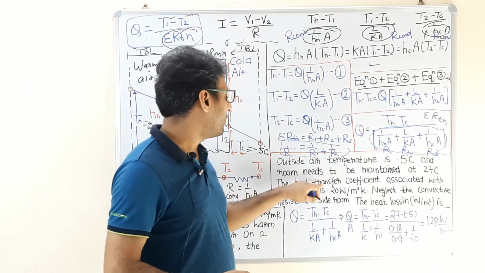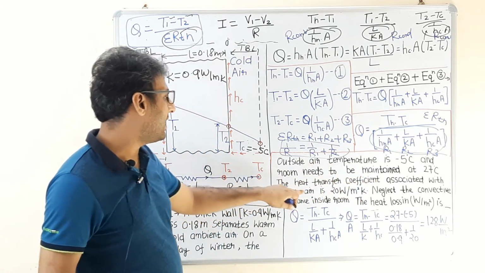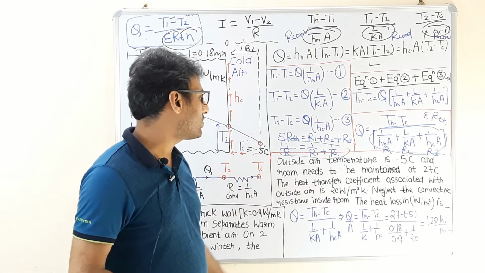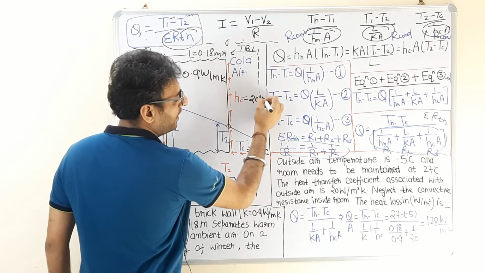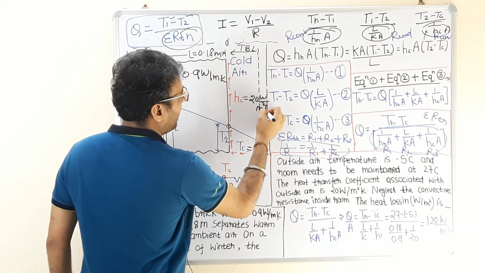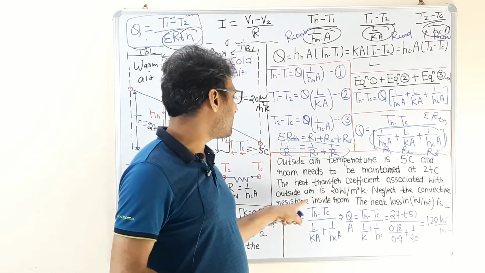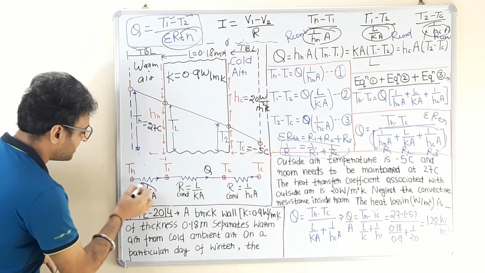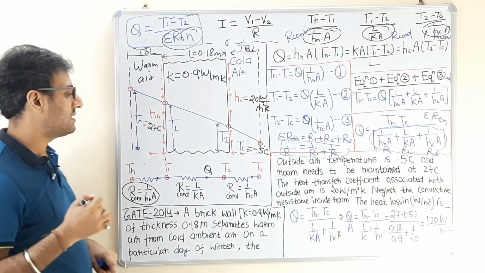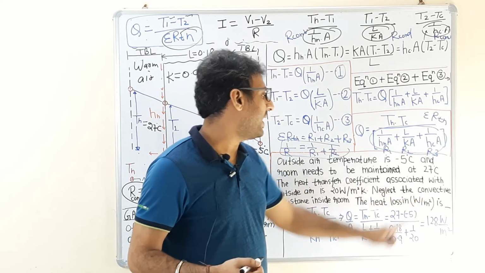The heat transfer coefficient associated with outside air is 20 watts per meter square Kelvin. It means Hc is 20 watts per meter square Kelvin. Further, neglect the convective resistance inside the room. It means this resistance is neglected in the system. Now the heat loss in watts per meter square is asked.